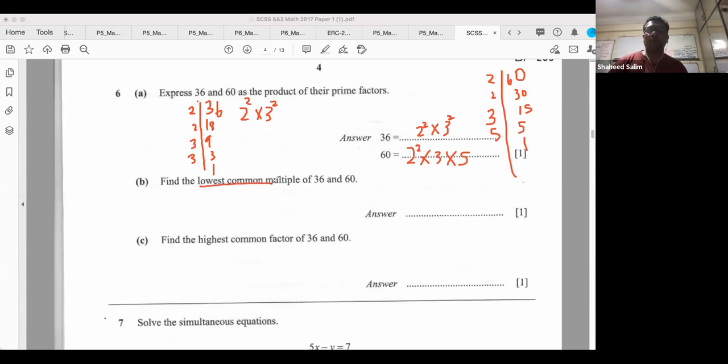Now they ask you for the lowest common multiple and highest common factor of these two. There's a way to do it now. 6 is not a prime number. 6 can be broken up to what? 2 times 3. You must use it like that. So if you get 6 times 5 times 2, that is 2 times 3 times 5 times 2, so you get 2 times 2 times 3 times 5.